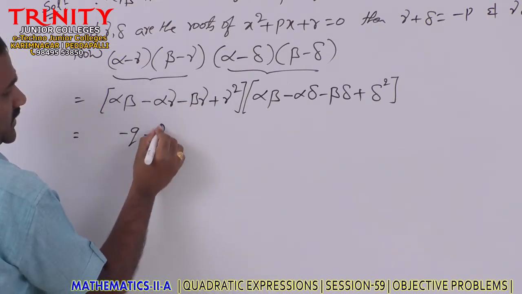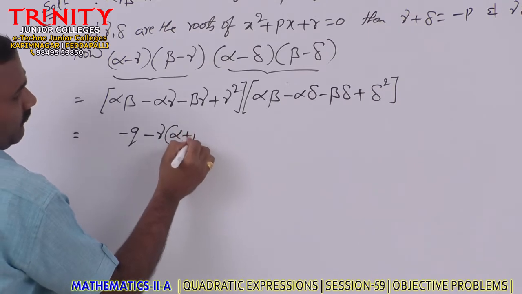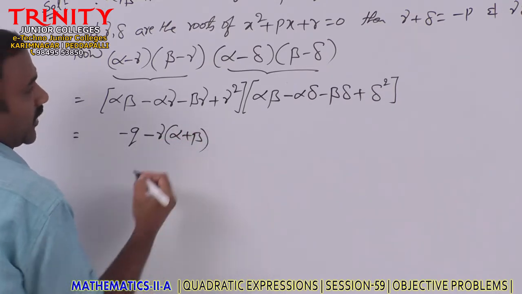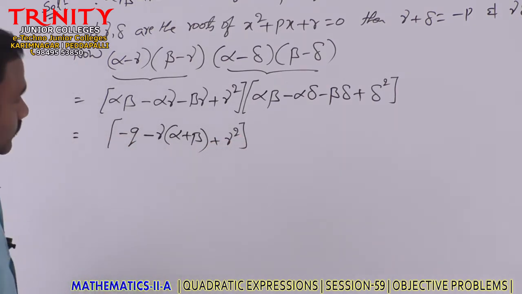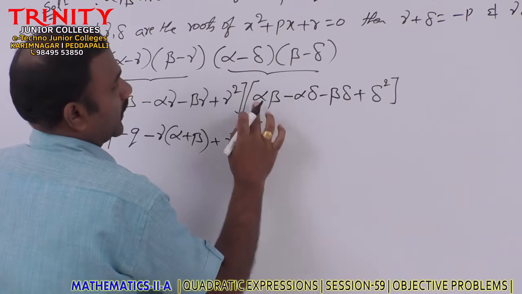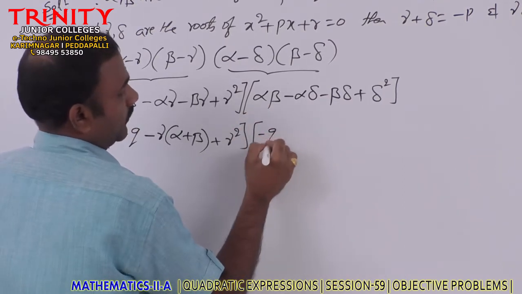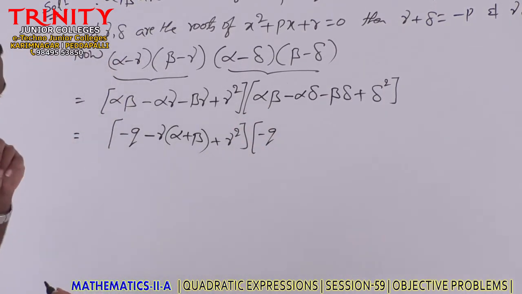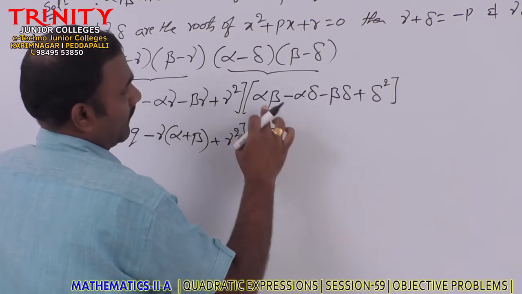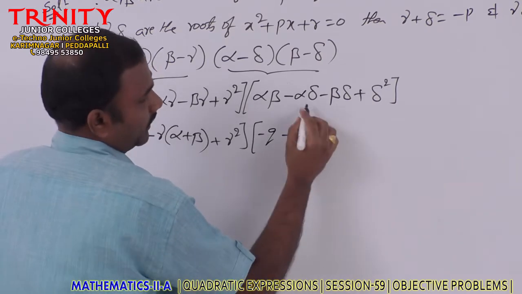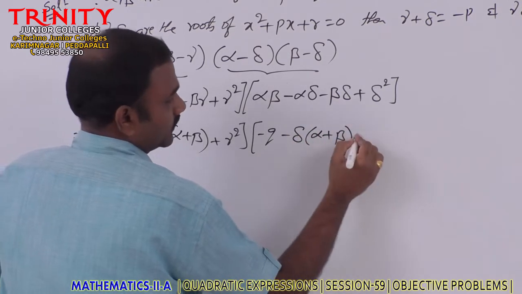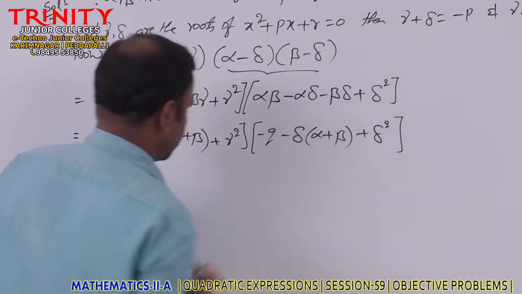Take minus gamma as common, we will get alpha plus beta, plus gamma square, into again alpha beta value, that is minus q. From these two, minus delta common, alpha plus beta plus delta square.